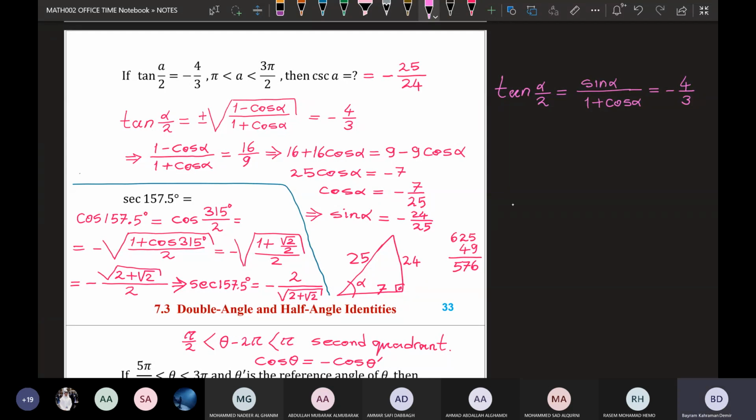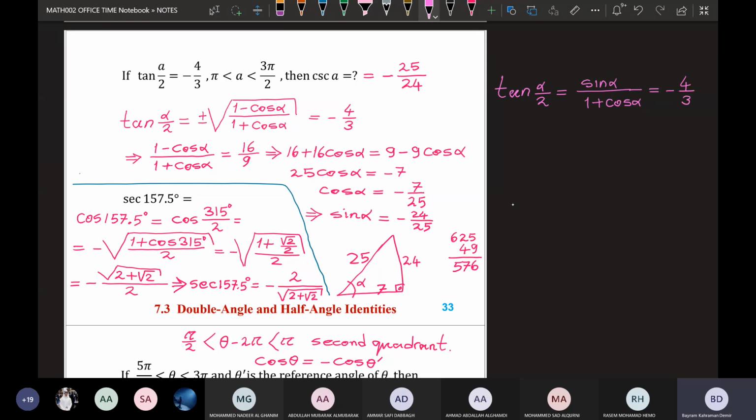And after you calculate the cosine, you can calculate the sine alpha also. It is easy by using the triangle or by using sine square is equal to 1 minus cosine square, root of 1 minus cosine square, of course.